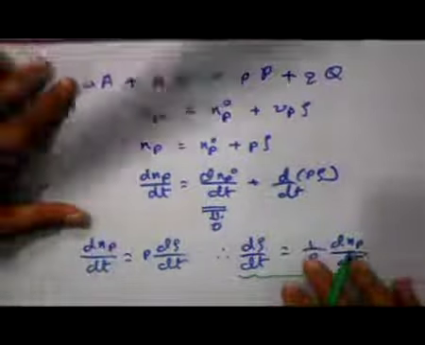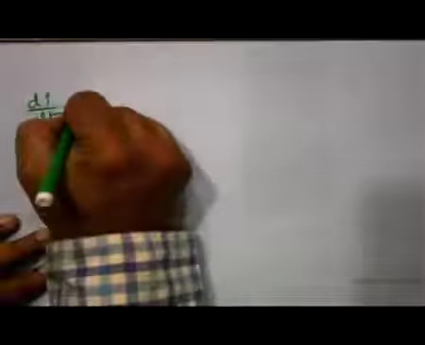I can write this straight away, that d xi over dt can be expressed how?